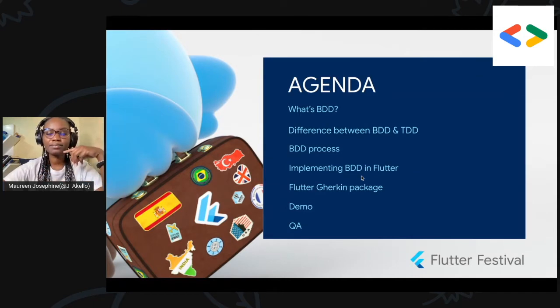In this case, we're going to use the Flutter Gherkin package, which is going to help us do this BDD implementation. Then I'm going to show you a short demo on how I've implemented BDD in my Flutter application using Flutter Gherkin. And lastly, if you have any questions, feel free to shoot.